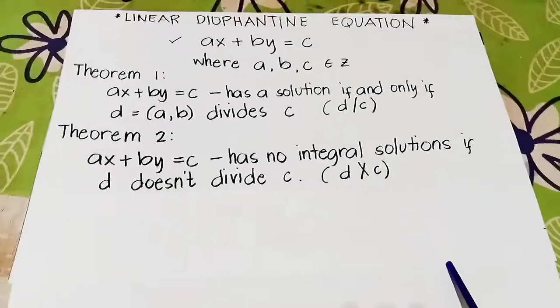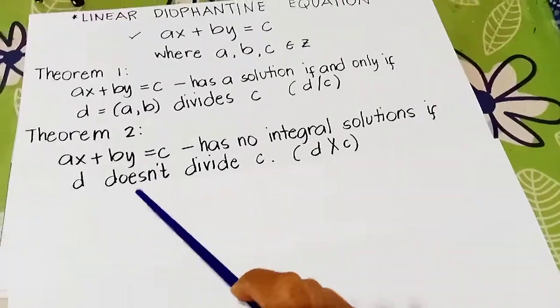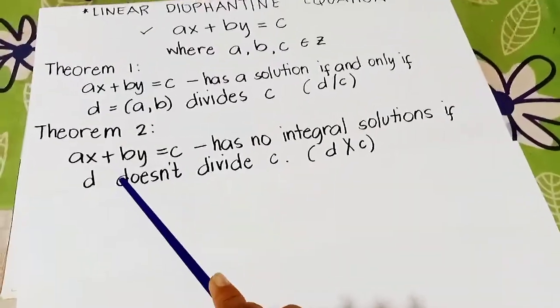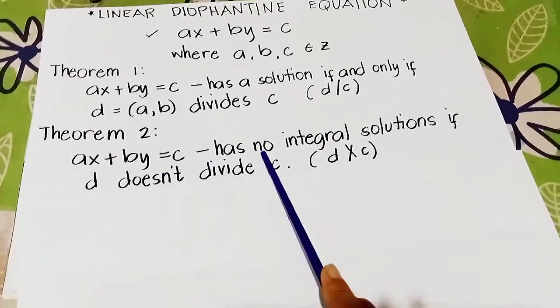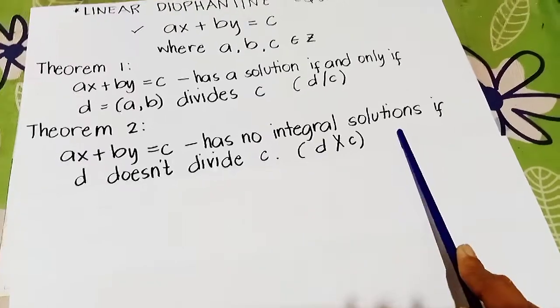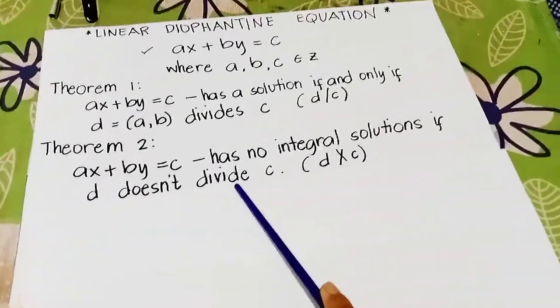Now, let's proceed to theorem 2. Theorem 2 states that the equation ax plus by equals c has no integral solutions if d doesn't divide c.